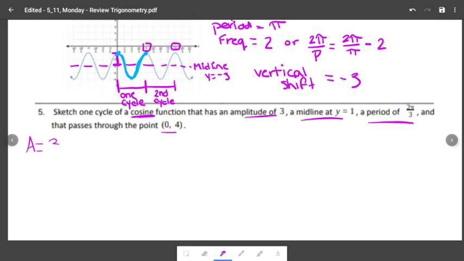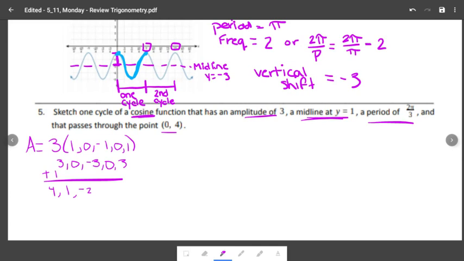A is 3. This is cosine. Cosine's critical points are all going to get multiplied by 3. Our midline or our vertical shift is at 1. So adding 1 to all of these. Here are our y's.